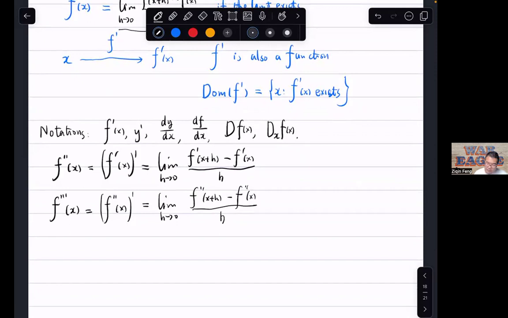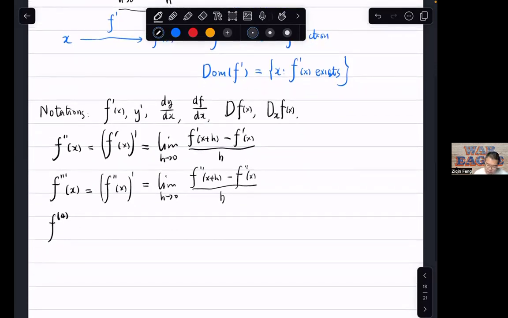For example, the fourth derivative, we don't want to use the prime notation because there will be 4 primes. We use a number in parentheses to represent the fourth derivative of this function. So this is basically the derivative of the third derivative of this function.